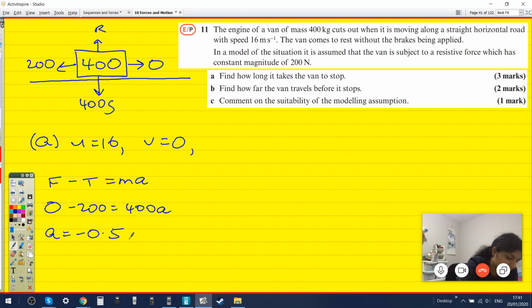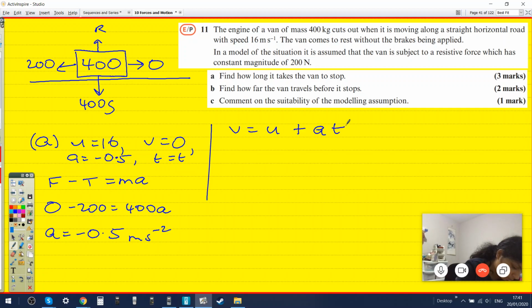Then you don't want S, but you want T. So V equals U plus AT. T is equal to 32.